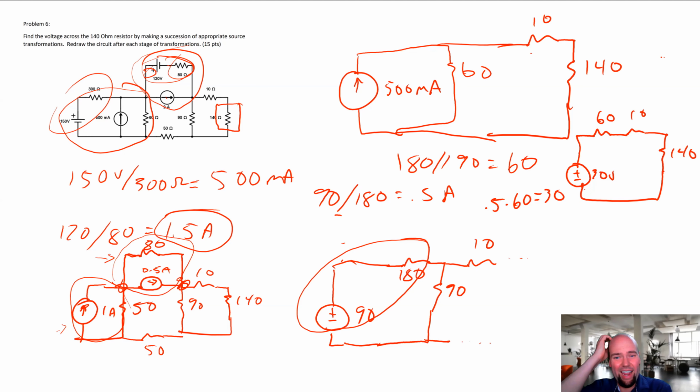Okay, and I can find the voltage across the 140 now. I could combine these into a 70 if I want. I didn't have to though.